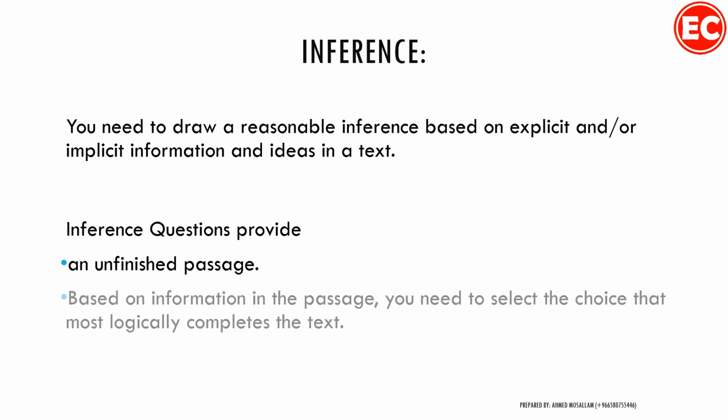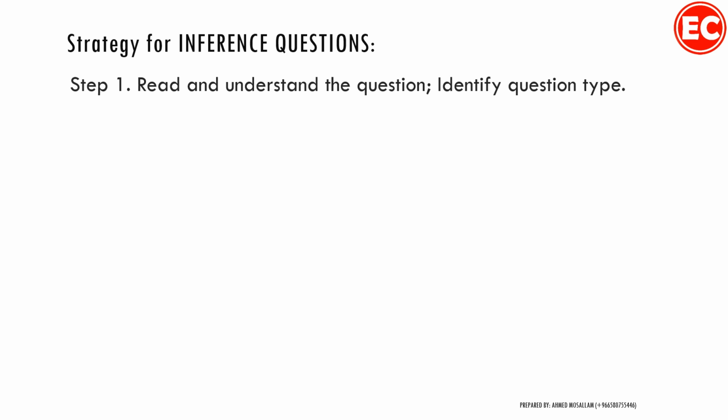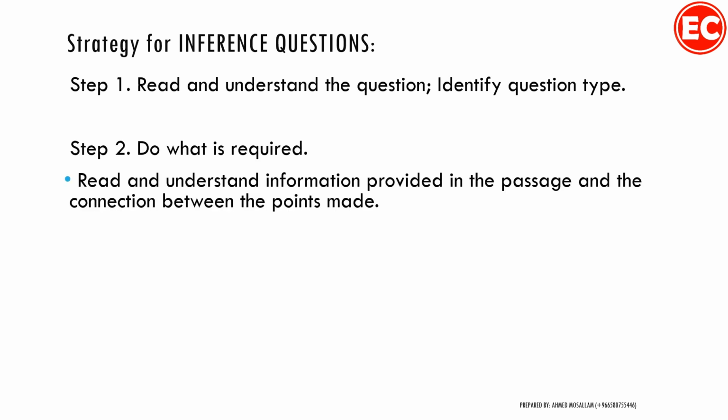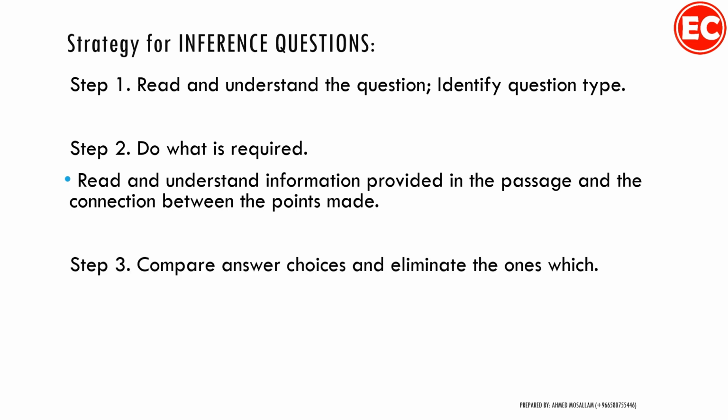So it is an unfinished passage. Based on information in the passage, you need to select the choice that most logically completes the text. The strategy is very easy: understand the question, do as required, read every single sentence and understand it. The only way to answer this question properly is to understand every single sentence there.